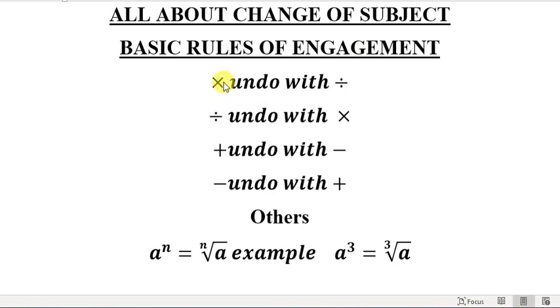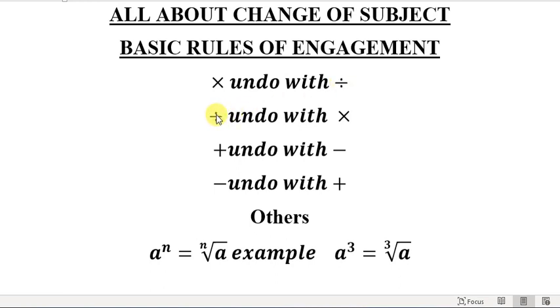Whenever you are to make a certain variable the subject of an equation, irrespective of wherever the variable is found, assuming it is engaged in a multiplication operation, to undo that multiplication operation, it is recommended that we use the division operation.